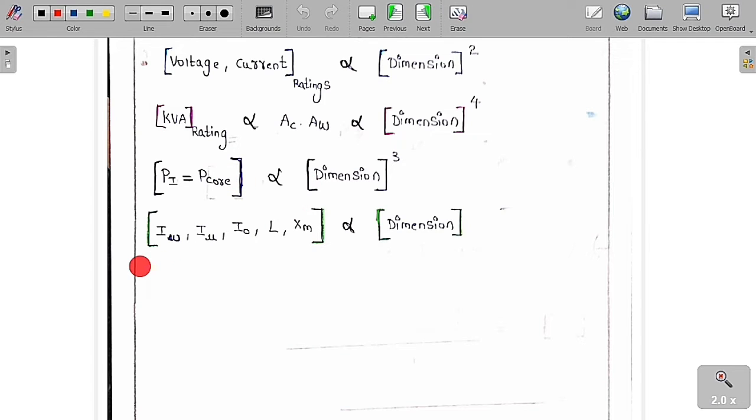And the winding current, core loss component, magnetizing component, no load current, inductance and magnetizing reactance are all directly proportional to the dimension.